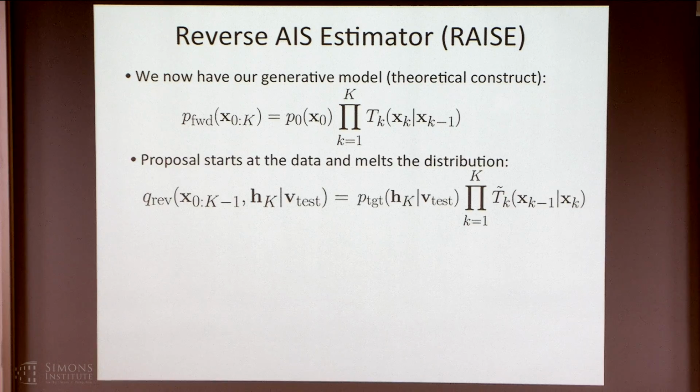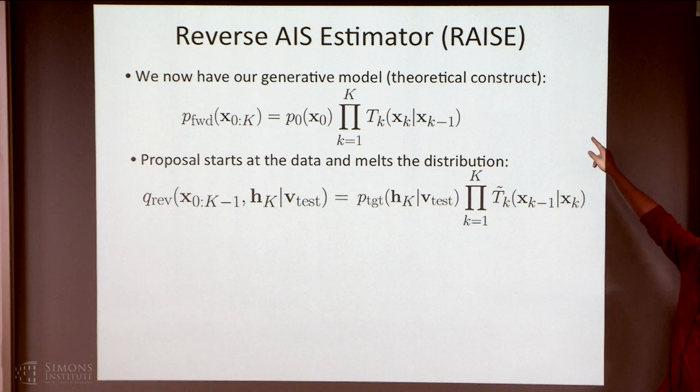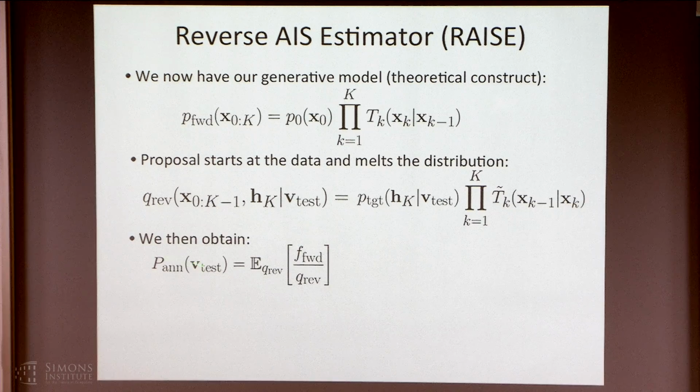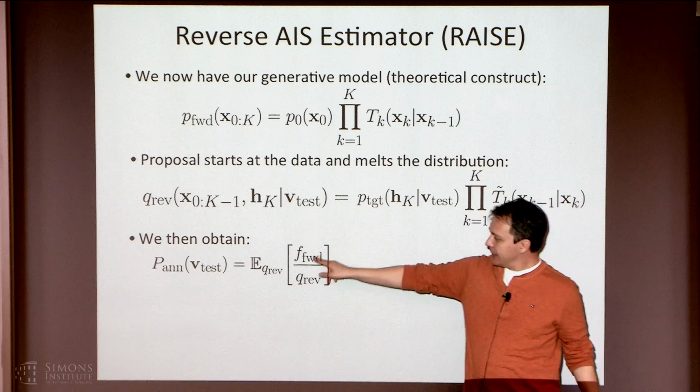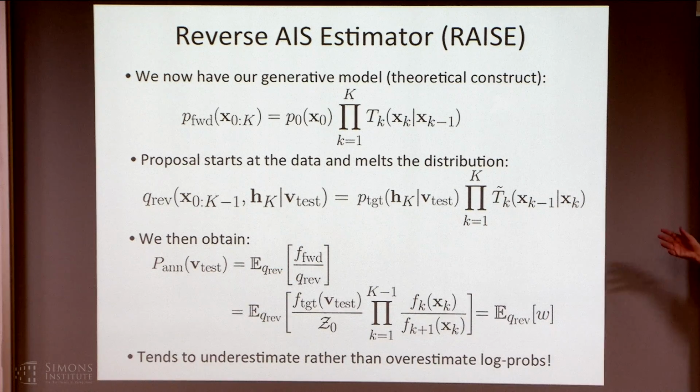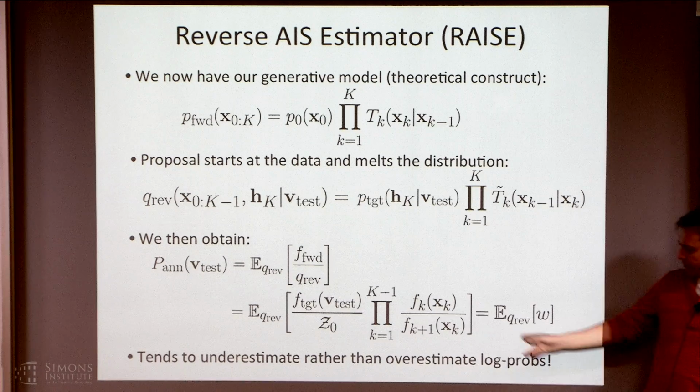So now I have a forward model, which you can think of as a theoretical construct, and then the proposal starts at the data and melts the distribution, so it goes in reverse order. Now if I want to estimate the probability of the test sample, I can sample from the reverse chain and look at the ratio, and that's exactly what the annealing model gives me. If I unroll these things and use the constructs from annealed importance sampling, I can just multiply a bunch of different things.